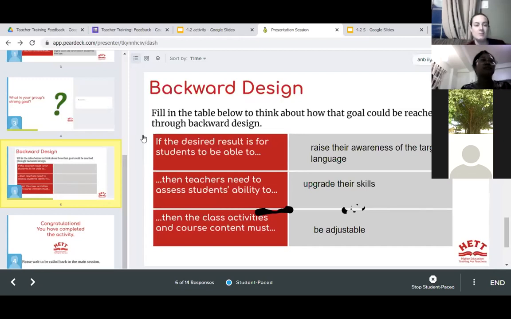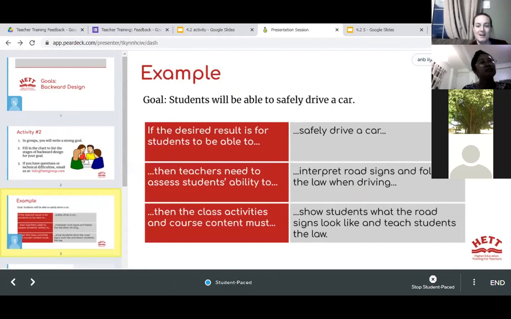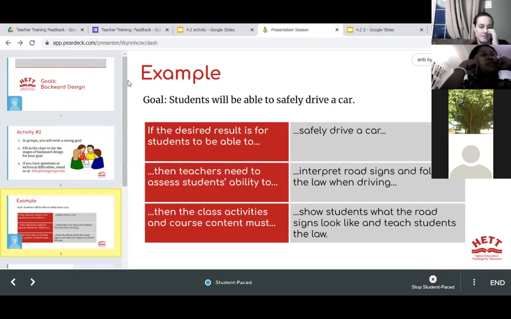I would think a little bit more specific than that. Like if we go back to the example, so if you see here, the activities are pretty specific. So you show students the road signs, you teach students the law, that type of thing. So sometimes try and make it a little bit more specific.